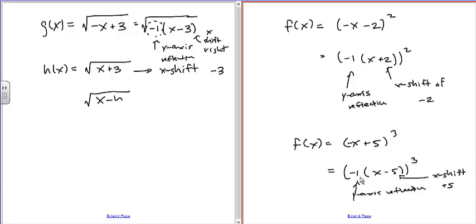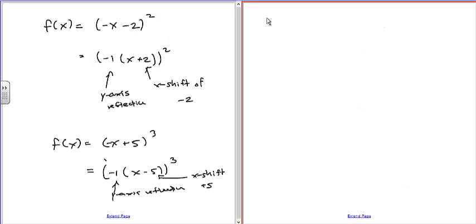So once you factor out this negative sign from both terms, or negative whatever, if it was -3x, you'd factor out a -3. I guess that's the other thing too. Let's talk about that. So let's say f of x equals square root of -2x plus 4.